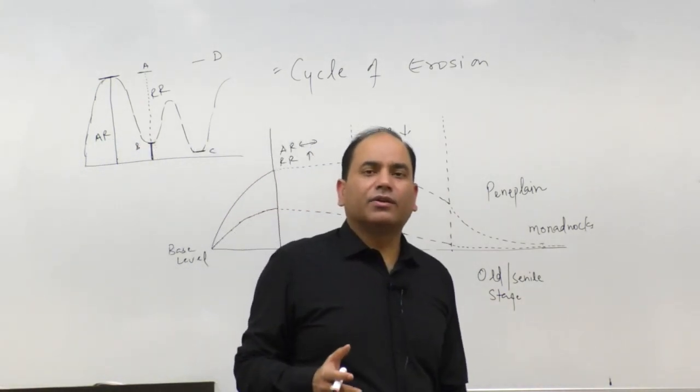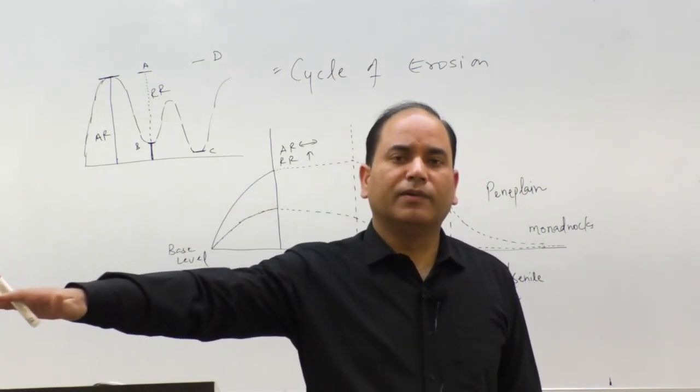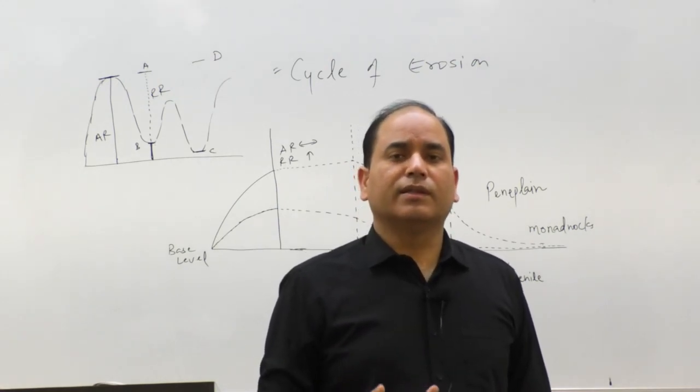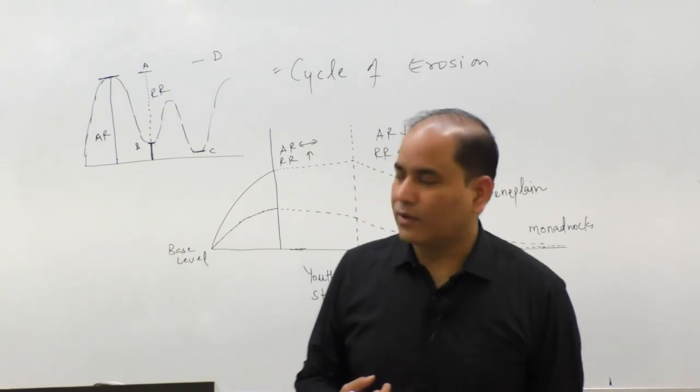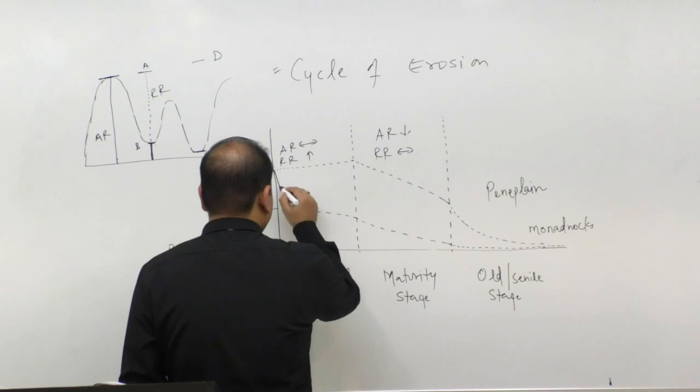Almost hundreds of kilometers you will not find any upliftment. That kind of topography is associated with, or you can say it is a feature of, monadnock.